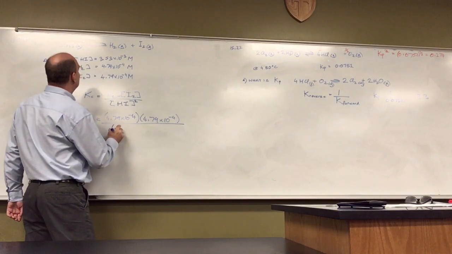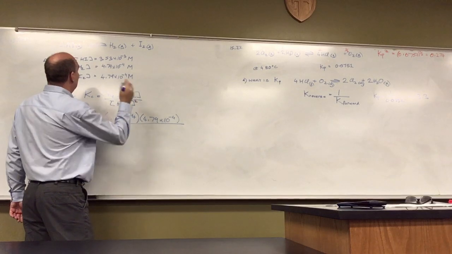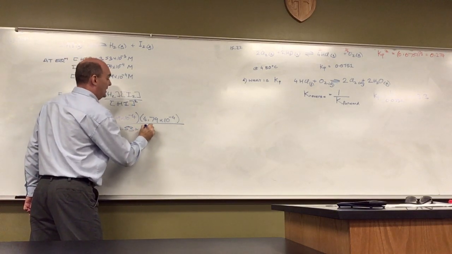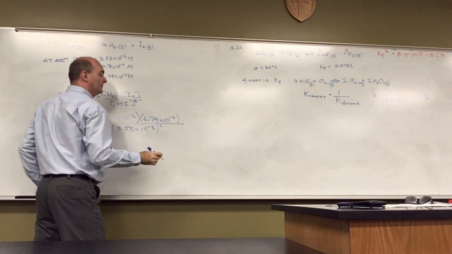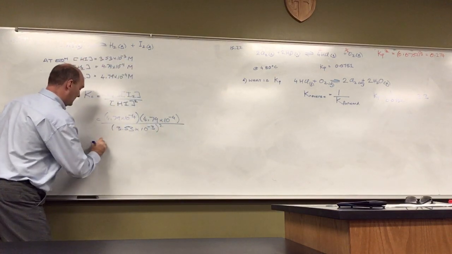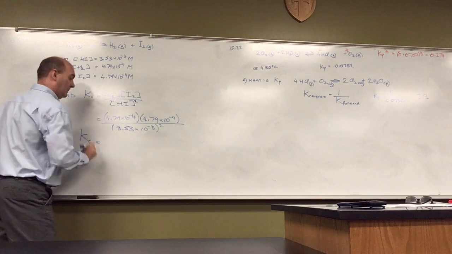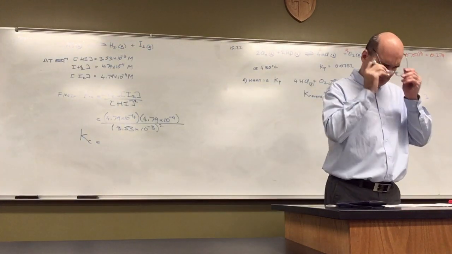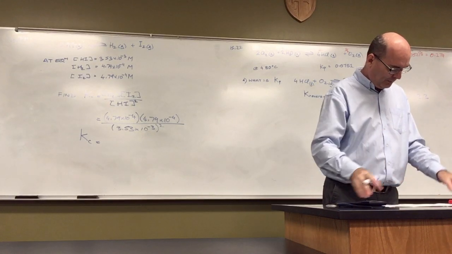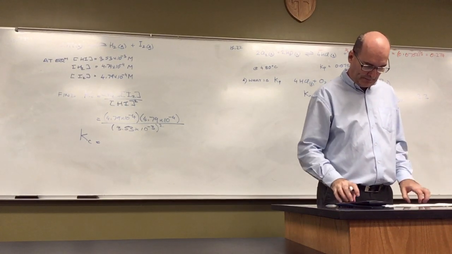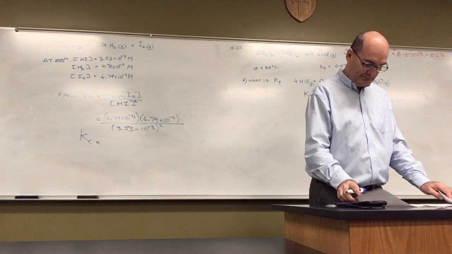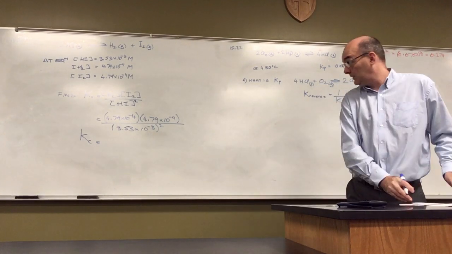Divided by 3.53 times 10 to the negative 3 squared gives me a value of Kc. Oh, I don't know what the answer is. You have to tell me. This was 1527.